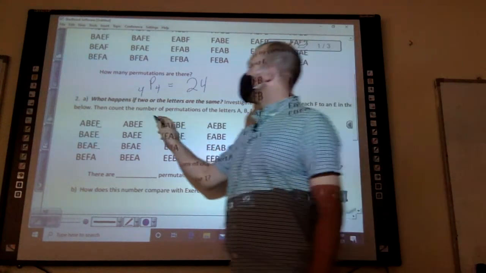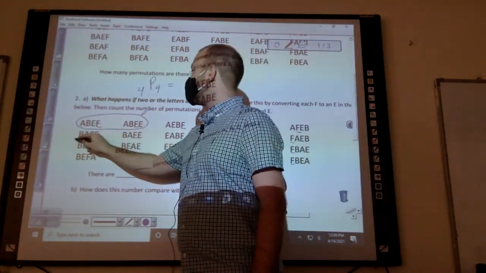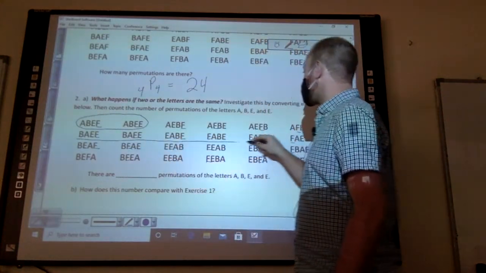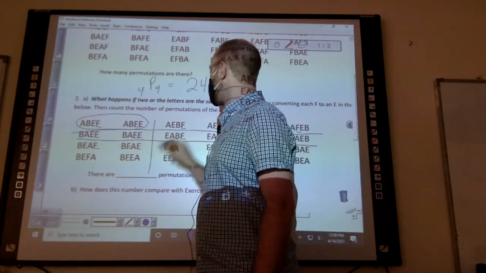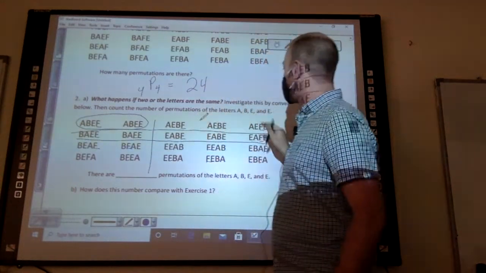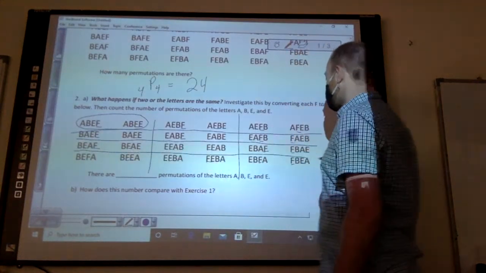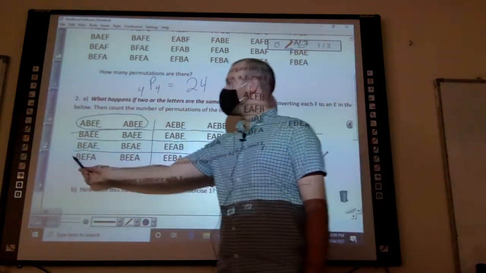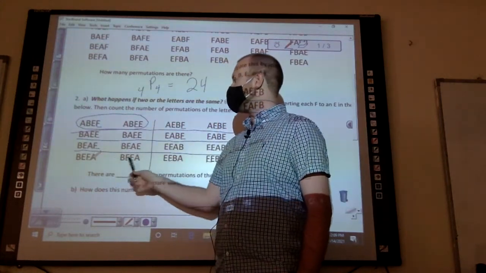Now I've got these two that are exactly the same, and the one right next to it, and the one underneath it. So if I wanted to split this all up, notice in each one of these boxes, they're the same. Here I've got BE, oops, I forgot this one, BEEA, BEEA.